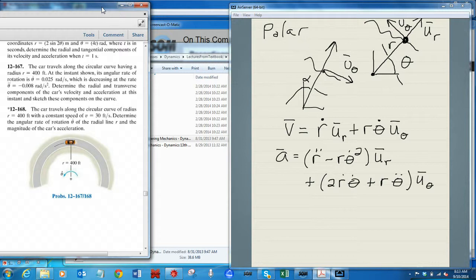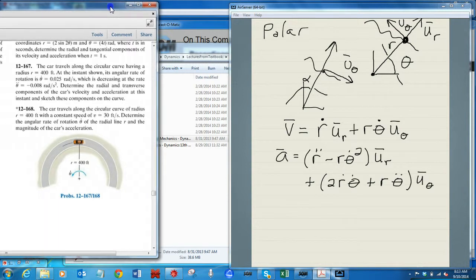The car travels along the circular curve. A car travels on a circular curve having a radius of 400. At the instant shown, the angular rate of rotation is theta dot, which is decreasing at the rate of theta double dot. Determine the radial and transverse components of the car's velocity and acceleration and sketch the components.